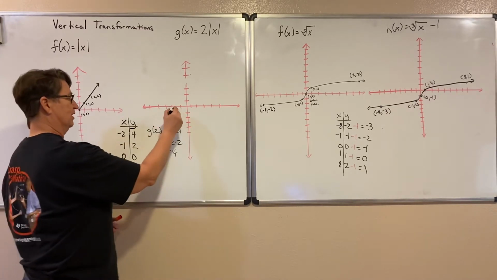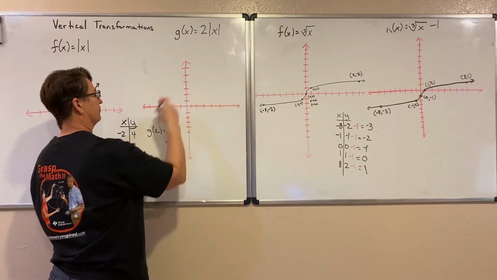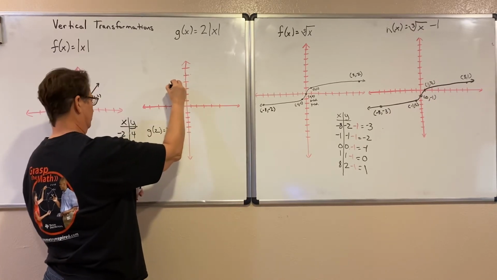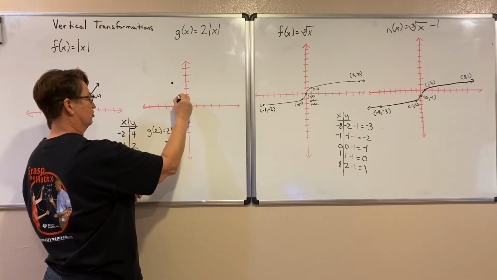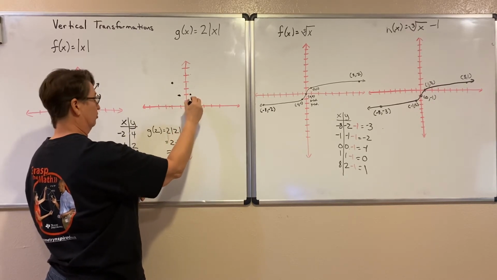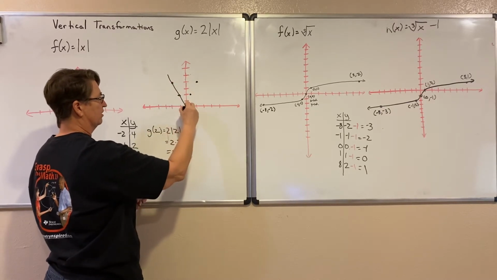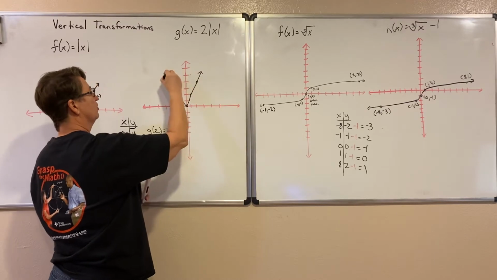Let's graph those points. So I have -2, 4, -1, 2, 0, 0, 1, 2, and 2, 4 are the new points on this new function.